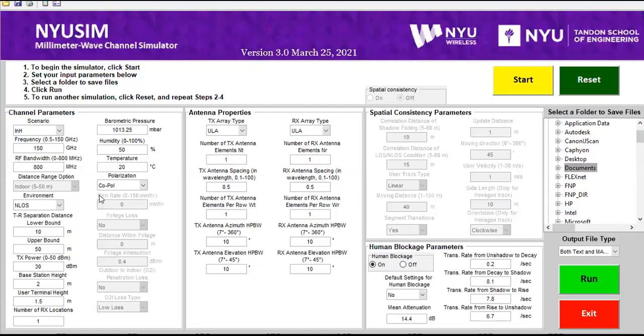Only a few things we can adjust, like the atmospheric conditions, the base station height, and the user terminal height. Otherwise, the propagation environment is generated randomly. It generates something as the propagation channel.